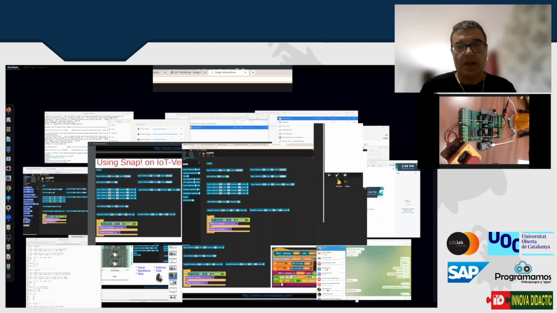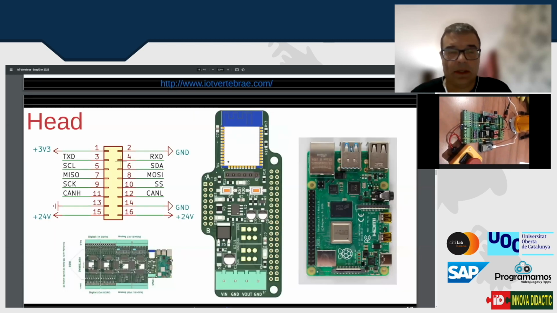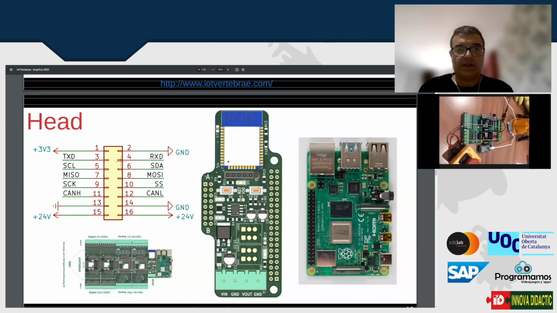And here, all the chips used in the vertebrae are an ESP32 S3. And for the head, we are using an ESP32. In this case, the head is designed to connect to the backbone using this connector. And this other connector is to connect a Raspberry Pi.